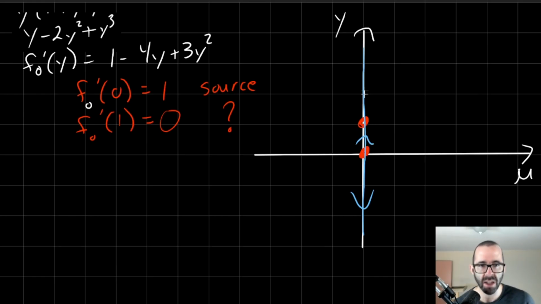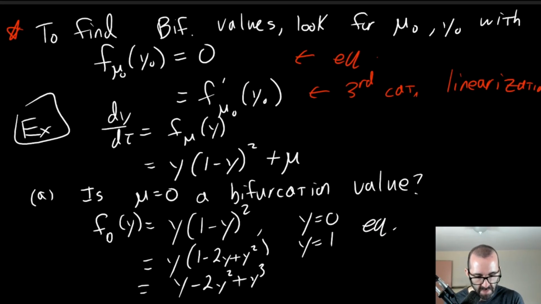We could add to our phase line and find out what f is doing above this. If f is positive, y will be increasing. If f is negative, y will be decreasing. So really quickly, what is f when mu is 0?